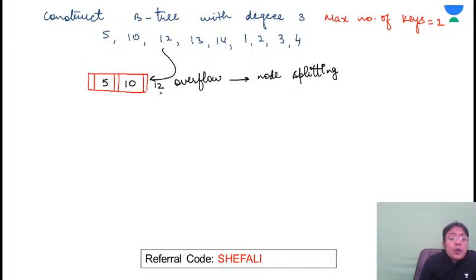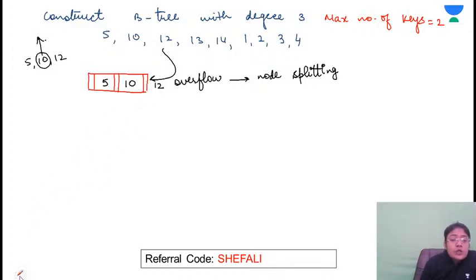So node splitting will be done on the basis of the middle key, because anyhow this will be a kind of a binary search tree, but here it's not binary, it's a multi-way search tree, right? So on the basis of which key it will be split, you are having the elements 10, 12, so middle one is 10, so it will go up.